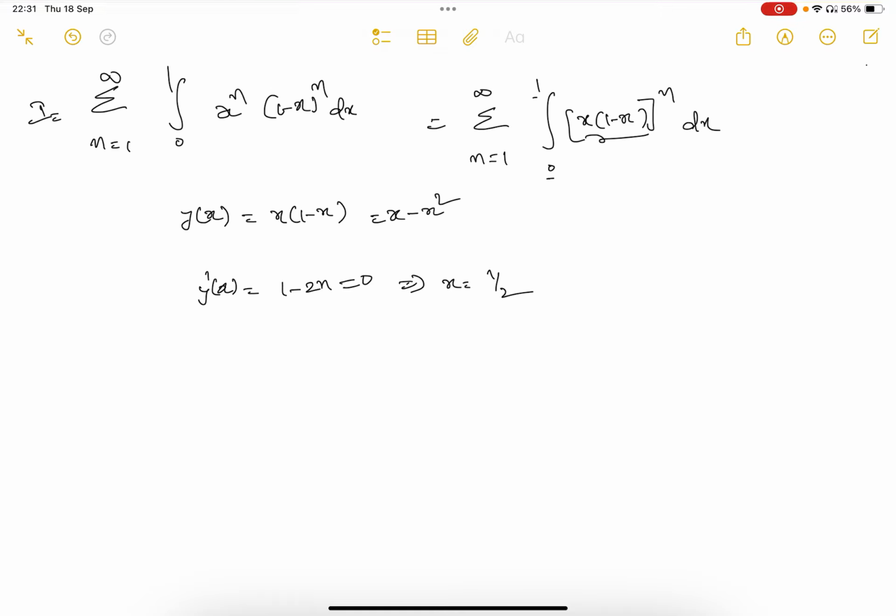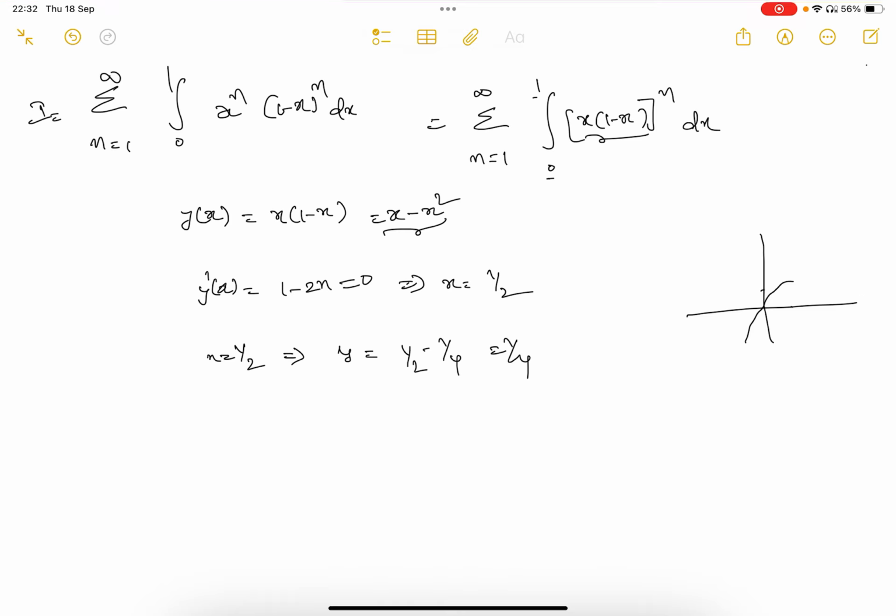When x equal to half, then y will be 1 by 2 minus 1 by 4, which is 1 by 4. As you can see here, y of x is x minus x square. Then how does the graph look like? When x equal to 0, y equal to 0, it passes through the origin. When x equal to half, y is 1 by 4.